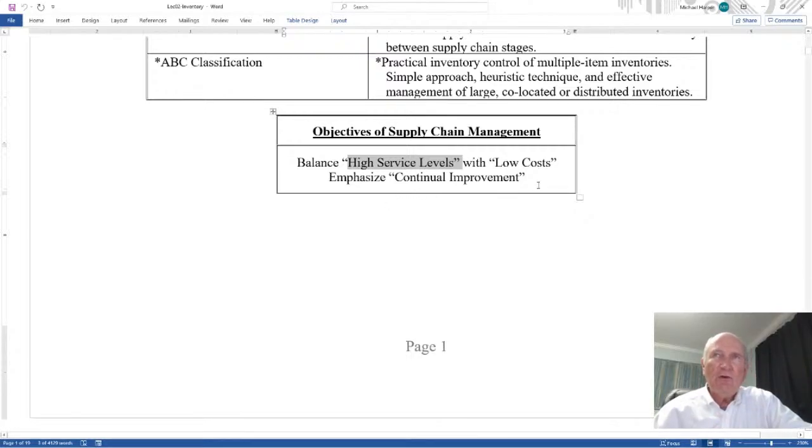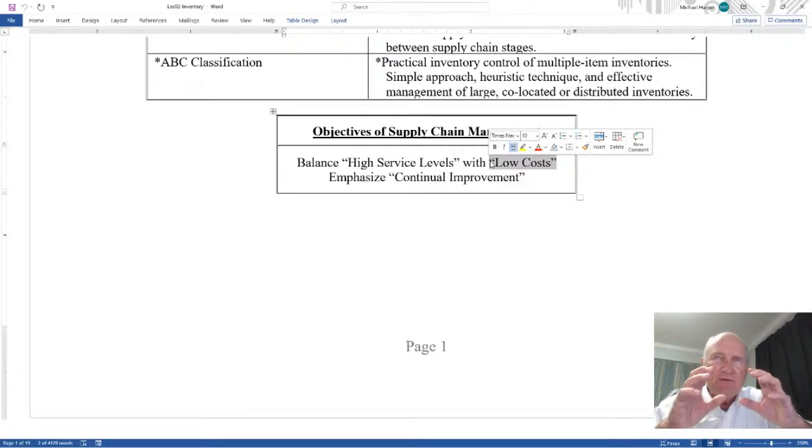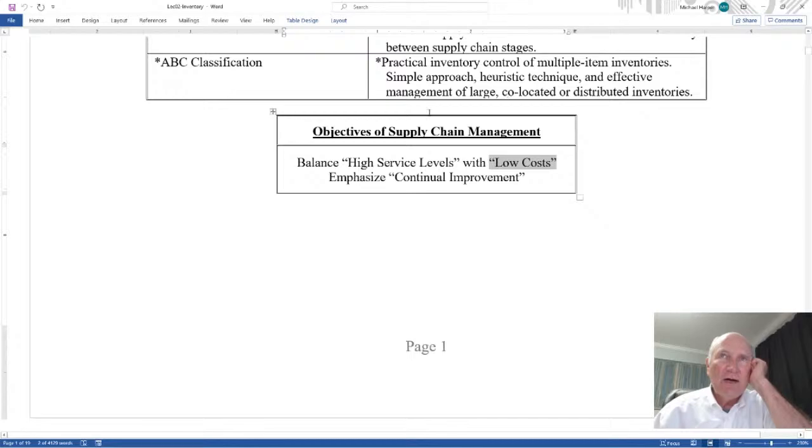On the other hand, low cost really means low inventory, because the lower the inventory, the lower the inventory costs. So when you look at the cost of inventory and the service levels due to inventory, they are competing with one another, and so you need a balance of low cost and high service levels. And that's pretty much what we'll look at here.